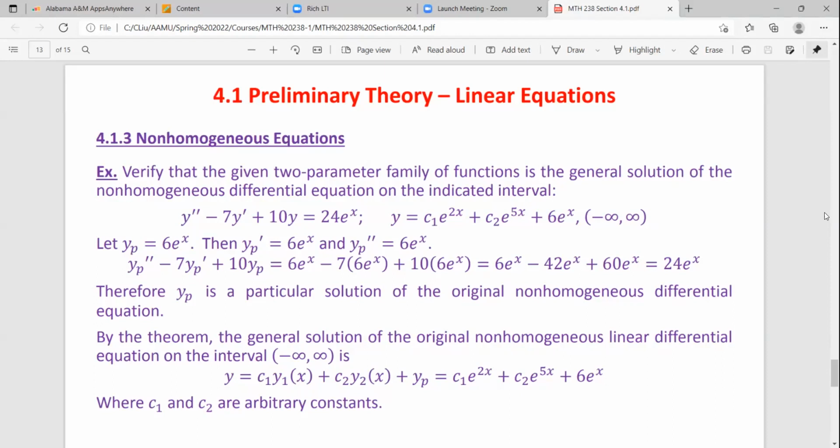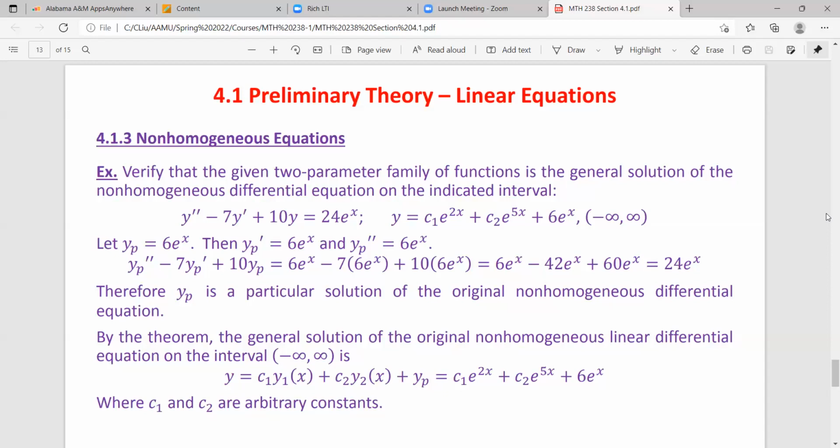All right. So we need to do two things actually. We need to check that the part c1 e to 2x plus c2 e to 5x is a solution to the associated homogeneous differential equation.